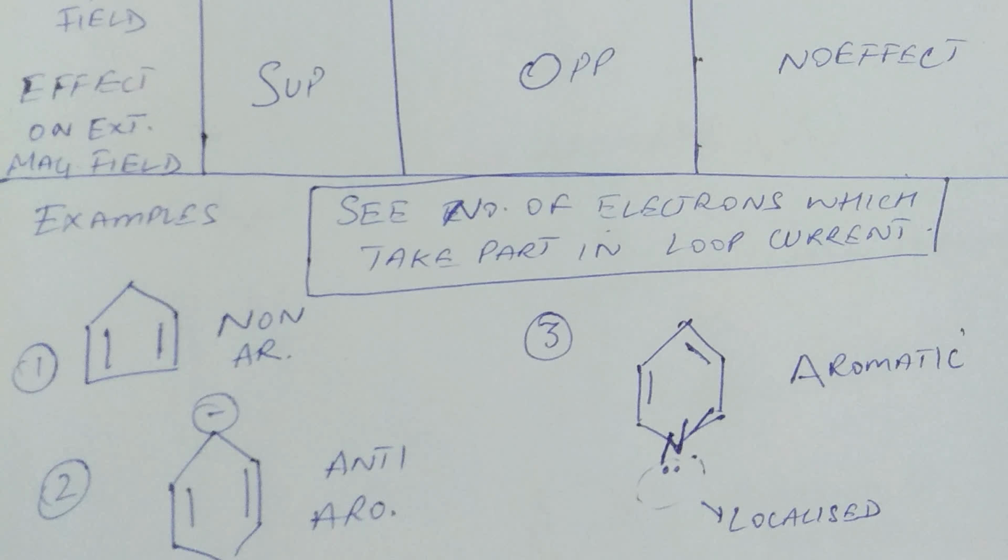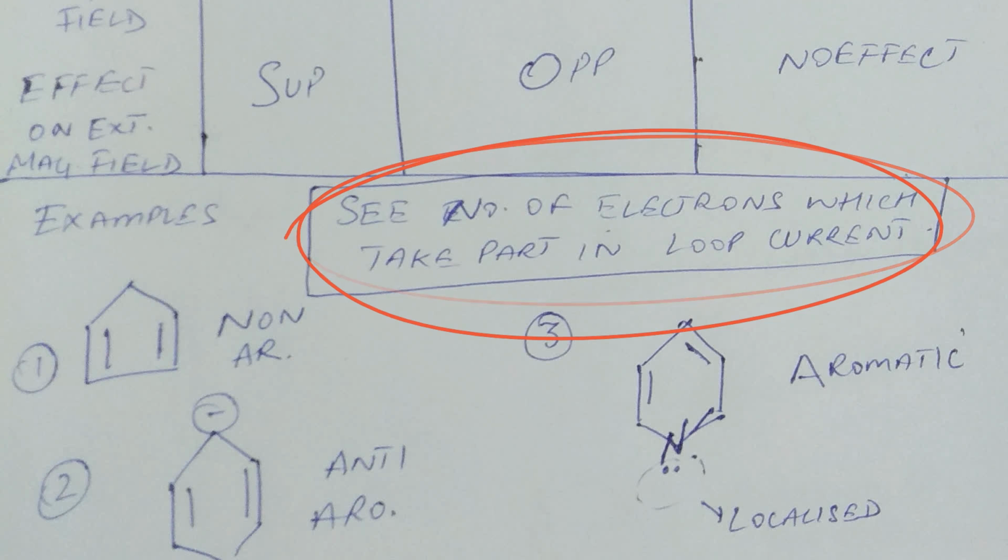Now there is one trick, one tip or hint which I can give: whenever we want to find out different types of resonating structures, whether they will be aromatic, non-aromatic or anti-aromatic, always see the number of electrons which take part in the loop current.